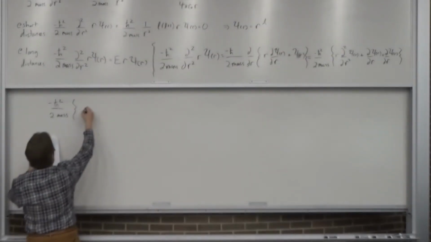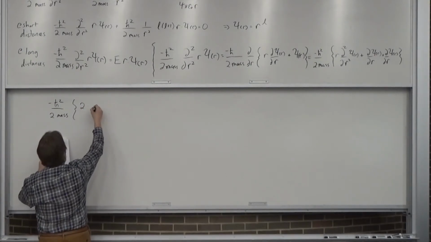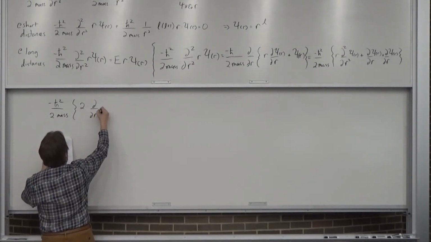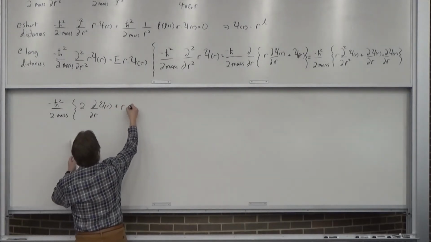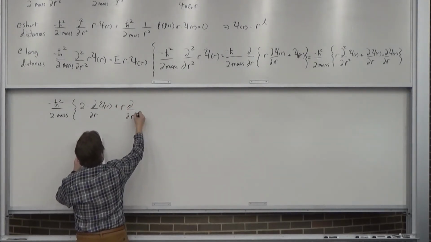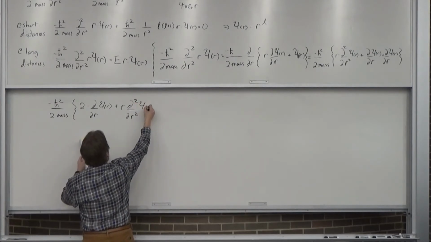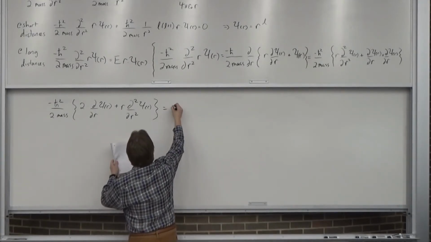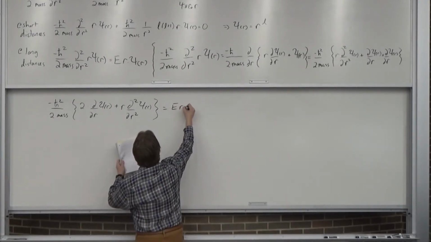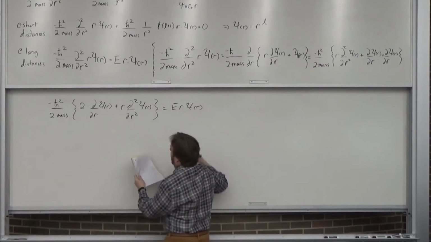I end up with 2 times the derivative of the wave function, and r times the double derivative of the wave function equal to E r times the wave function, which nothing happened to.